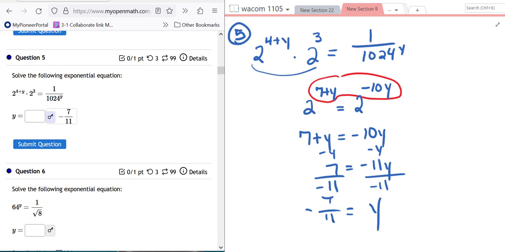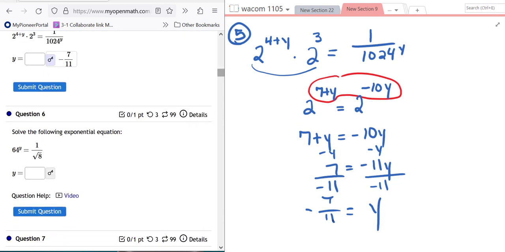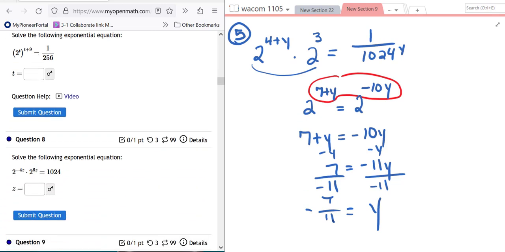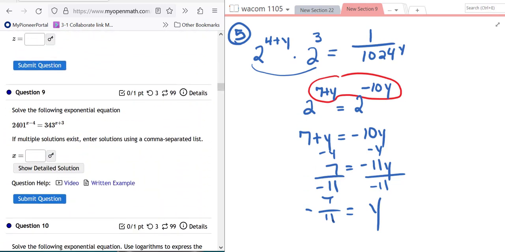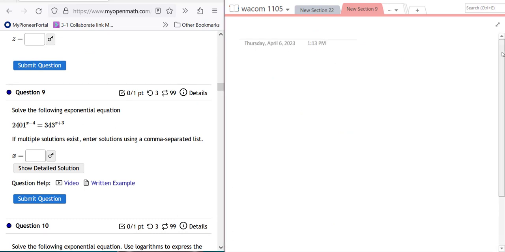All right, we'll move on to problem 9. And this one is still an exponential equation. It just looks so big. I thought we would look at it.